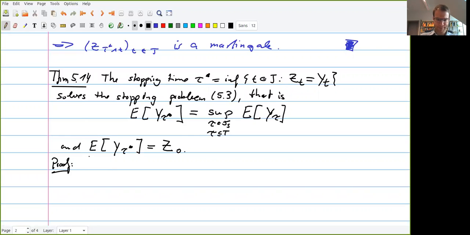So let me prove this before coming back to the American options. First, this is the last lemma we have done, so we'll have 5.13. The stopped process here is a martingale. I just formulate mathematically what I just explained.